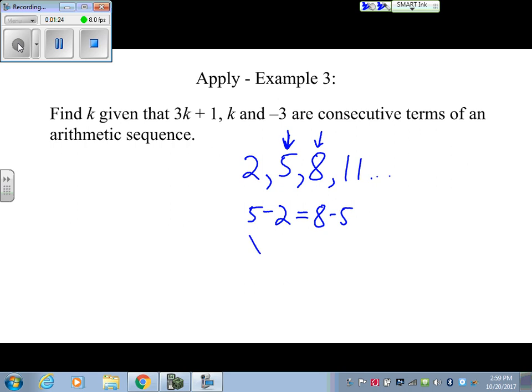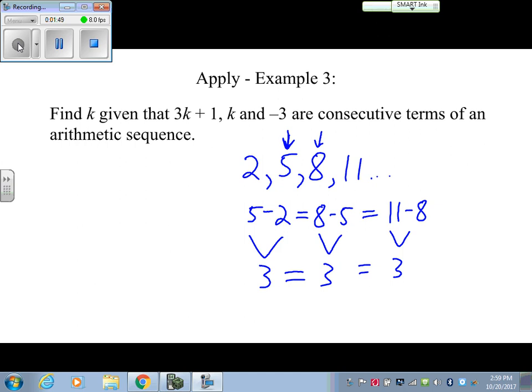Both of those show that the common difference, the thing that was being added on, was 3. And 3 is equal to 3. I could do the same thing with the next term, 11 minus 8, as I work backwards, which also gives us that value of 3. So for any pair of consecutive terms, if I subtract backwards, I get a common difference.